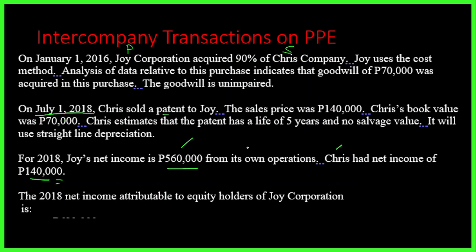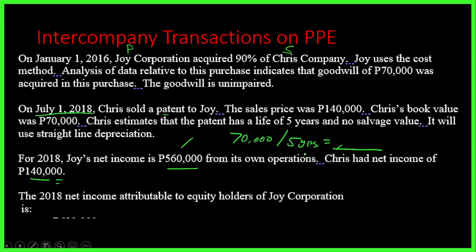So, 140 minus 70. Okay, you're going to defer the entire 70,000 and then you're going to realize 70 divided by 5 years. This will be the annual. So what is 70 divided by 5 years? Okay, so you now have 14,000.